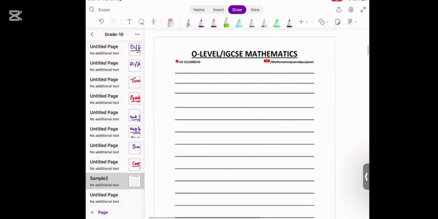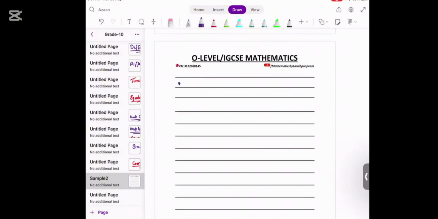Now we will see some more questions. For example, the question is expand and simplify x minus 2 times x plus 3. Now we have to multiply these two brackets. So how do we multiply brackets? X will be multiplied with both the numbers.